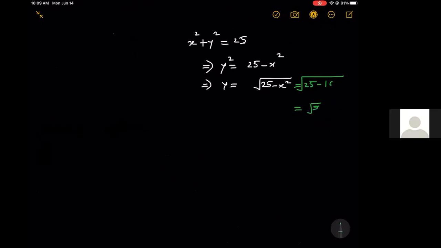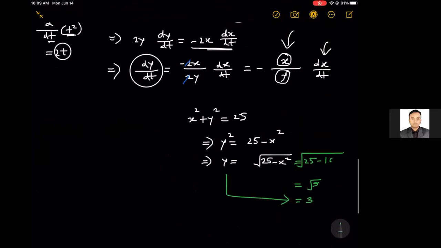So y is 3. Now I can plug in the values here. This is my scratch work. So negative x is 4, y is 3, and dx/dt is 0.2.